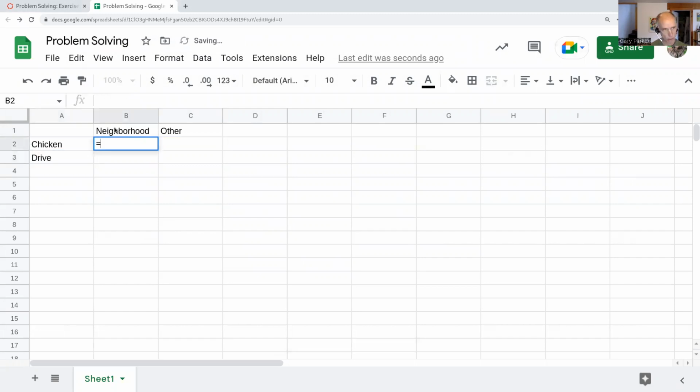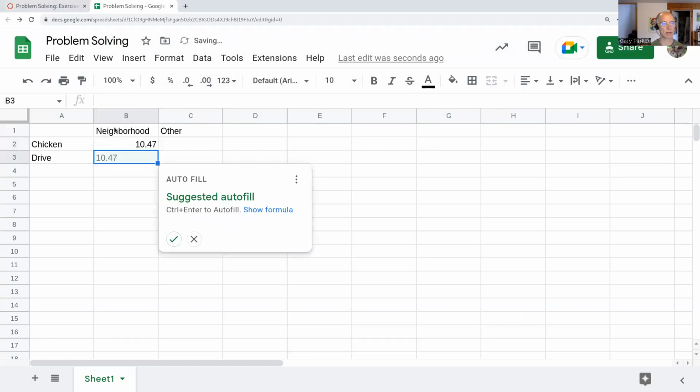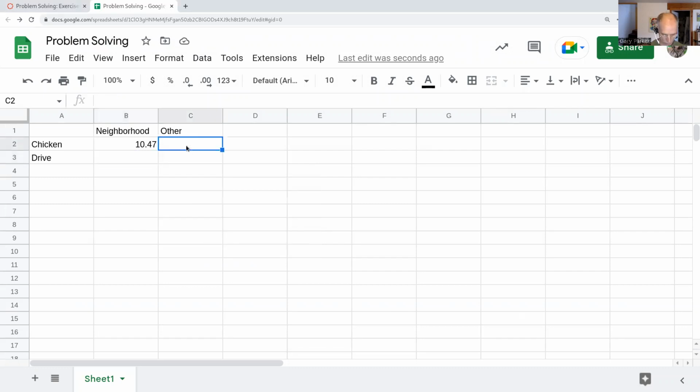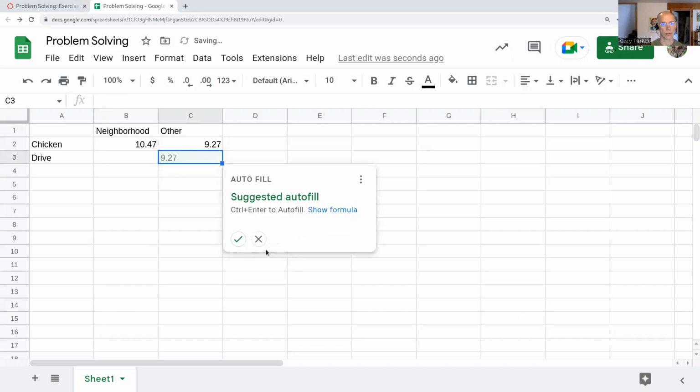So in a spreadsheet, we do an equals to calculate. 3 times 3.49, that was my neighborhood store. Yours might be different. And this one was 3 times 3.09. That was all cheaper.